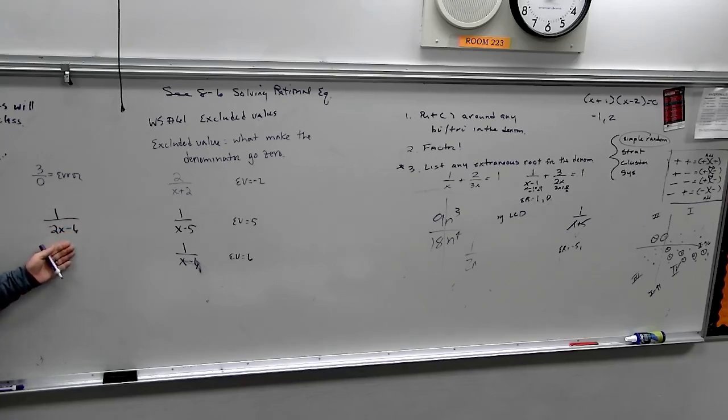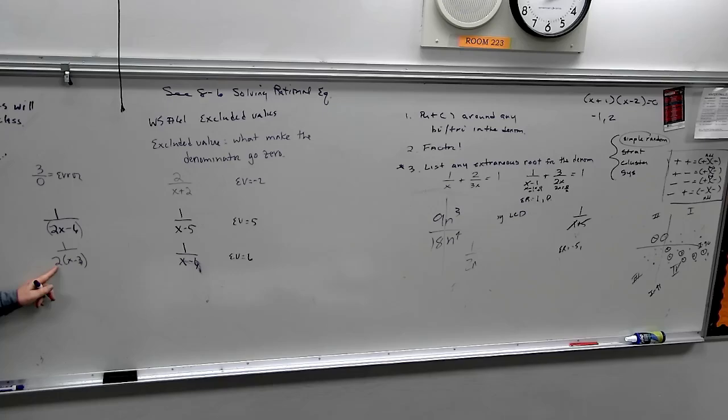You need to factor it first. Before we do anything, notice that this is a binomial. Let's put parentheses around it. What can I do to factor that? I could take out a 2. Once you factor it, now you can tell me your excluded values.